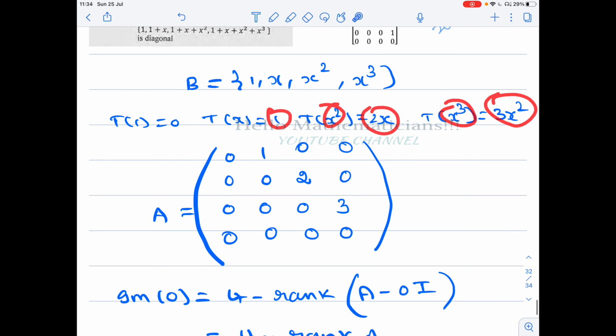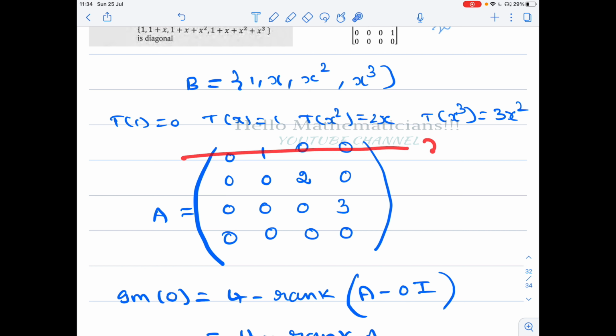Okay. So first column is the image of the first basis vector. This is 0, therefore everything is 0. Second column is the image of the second basis vector x. So this is 1. Okay, therefore you get only 1 here. Similarly, for x square you will get 2x.